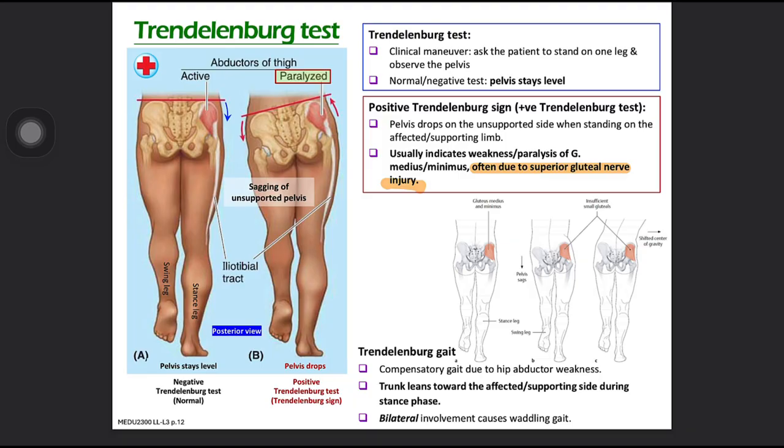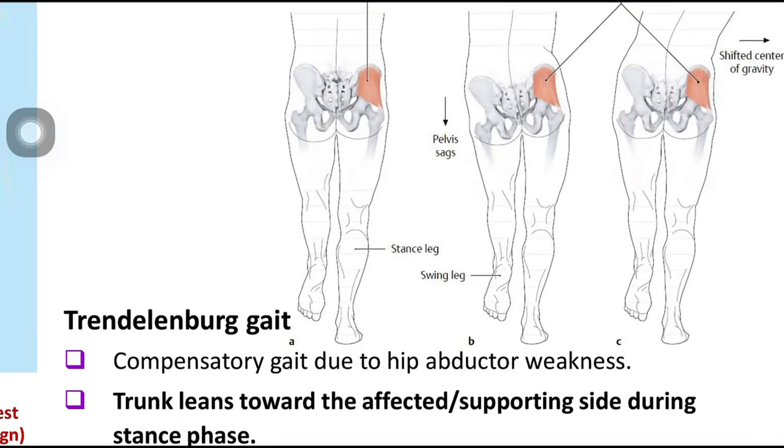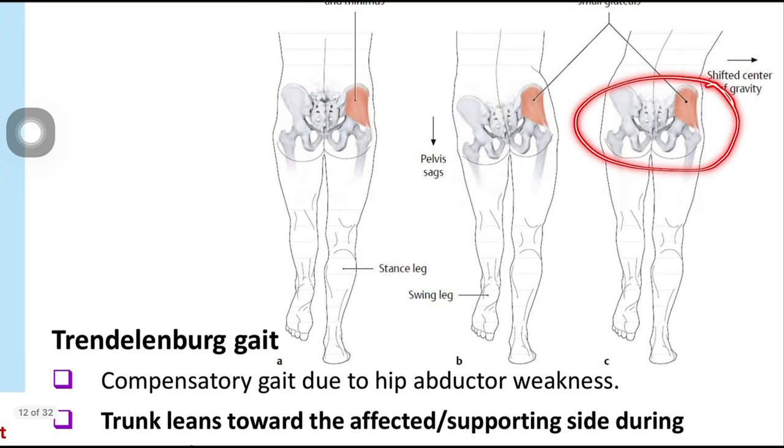Okay, now take a look here. Because this muscle is not in good condition, that's why you see the pelvic drops. So the swing leg somehow doesn't have enough room. So you take this side here as a compensation. If the muscles on this side don't work, there may not be enough room for the opposite side to swing forward.